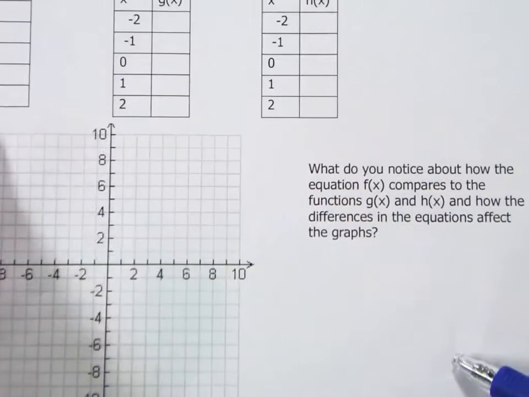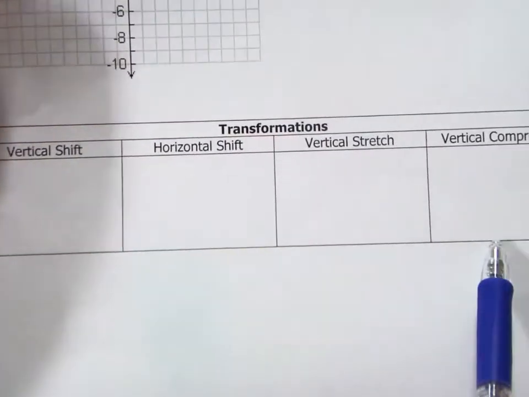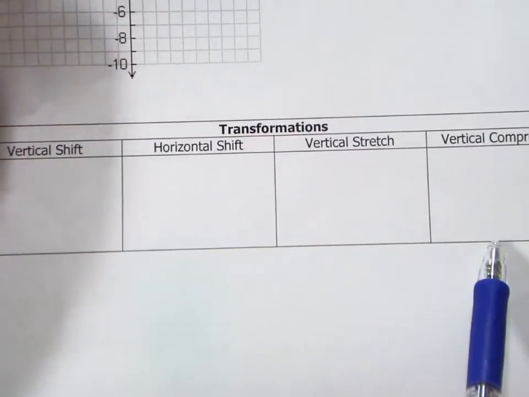And then I'll come back and show you, in general, these shifts and stretches. So you need to stop the video at this point. You need to complete those 3 tables and the 3 graphs. And then you need to write down some observations that you're seeing. And then we'll come back and finish that chart. So stop your video now to do that.